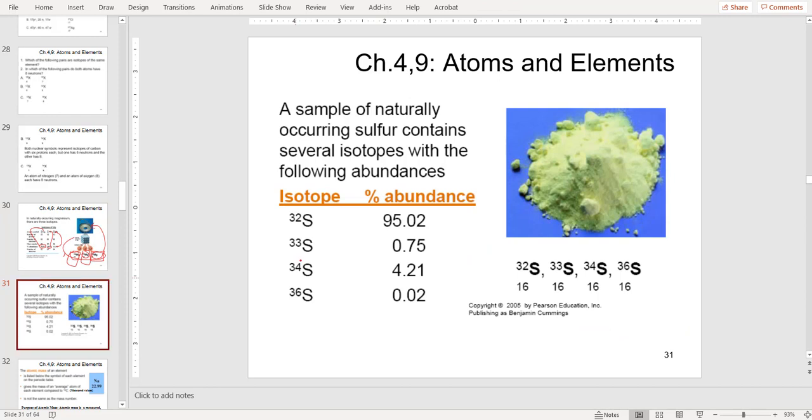So here's another example of various isotopes broken down by abundance. And again, if I were to change the percentage of a particular isotope, because they all weigh differently, then I change the overall weight of the substance.